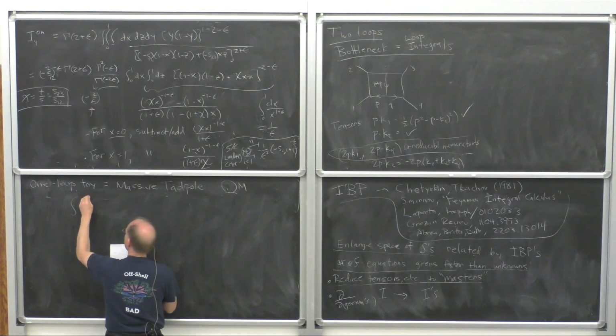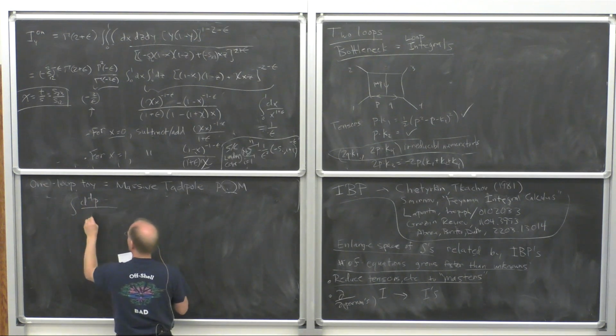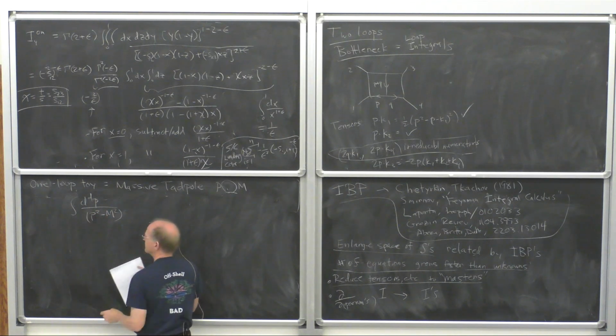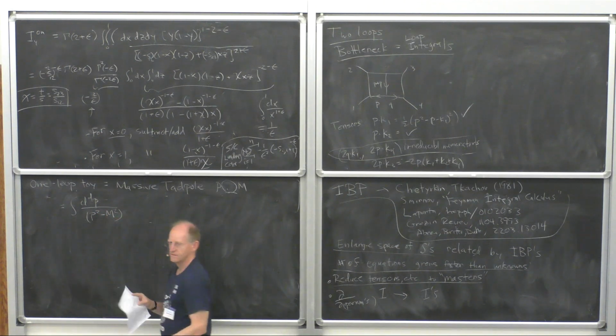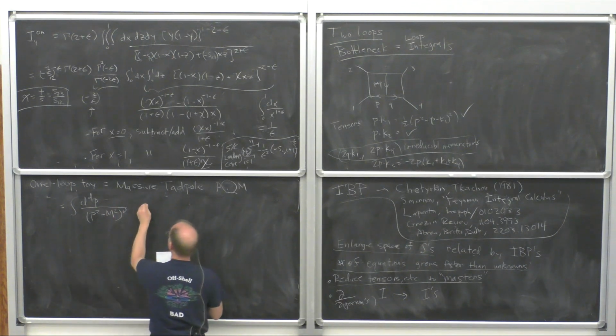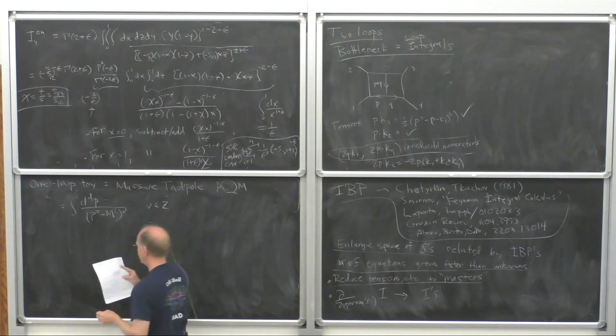So we have an integral we want to do of a propagator with momentum p, a single propagator, and mass m. So the idea is to generalize it by raising this to a power nu, which is a generic integer.